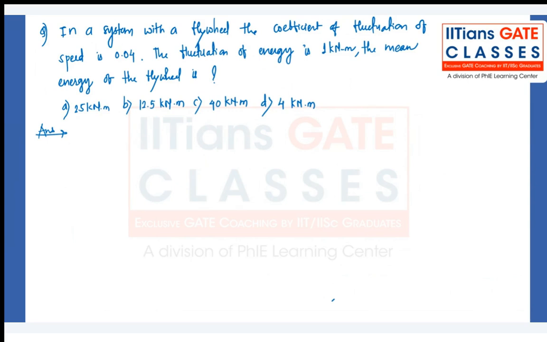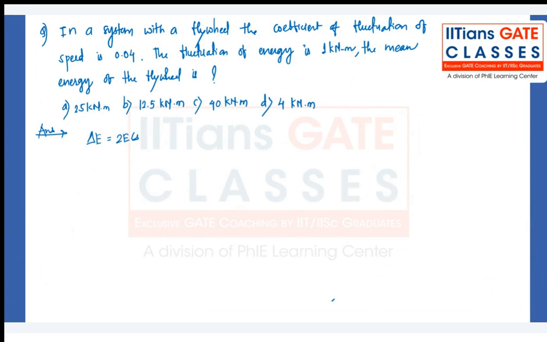The mean energy of the flywheel is, again, a formula you already know: delta E in terms of mean energy is 2 E Cs.